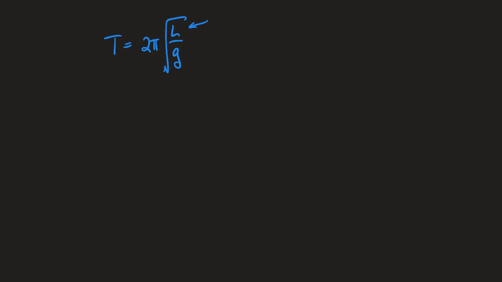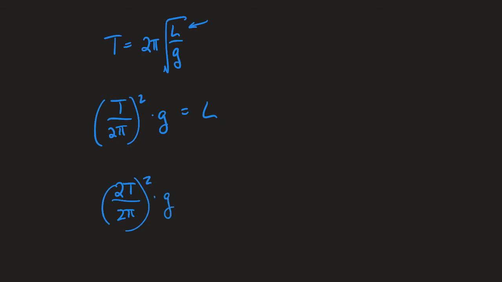If you don't remember, solve for the variable that you're trying to figure out, in this case L. So I'm going to take T and divide by 2 pi, square it, and multiply by g, and that's going to equal L. Then recognize they are doubling the period, so wherever you see the period in there, put in twice the value. For us, that means 2T over 2 pi, squared, times g.